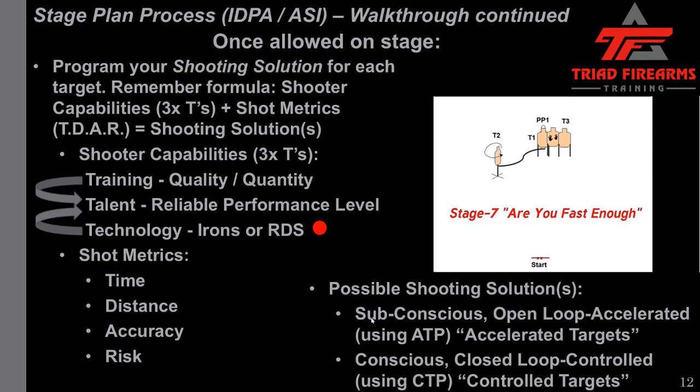Again, in the trigger manipulation video, we learned there are 2 possible shooting solutions at our disposal. First is the default subconscious accelerated execution of the shooting motor program using open loop motor control, where speed is the priority. The accelerated trigger press, ATP, is used.